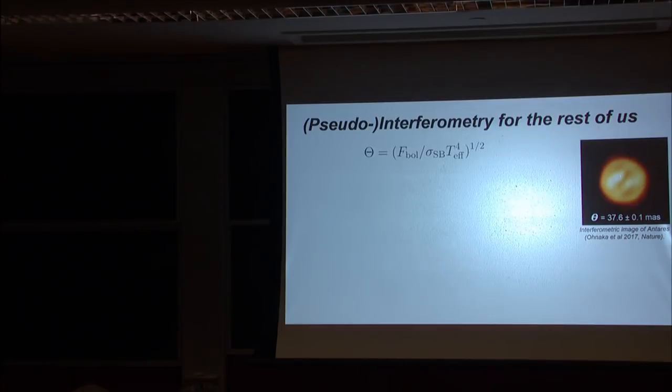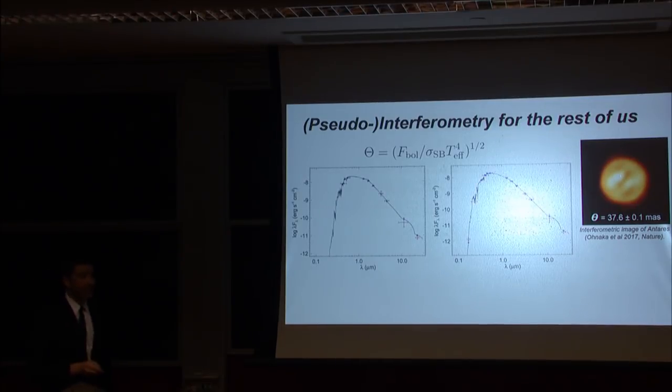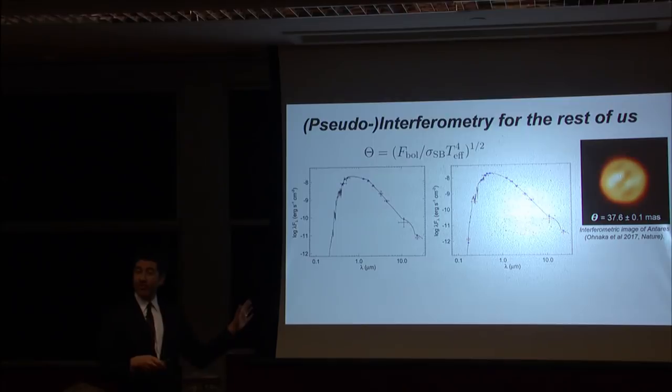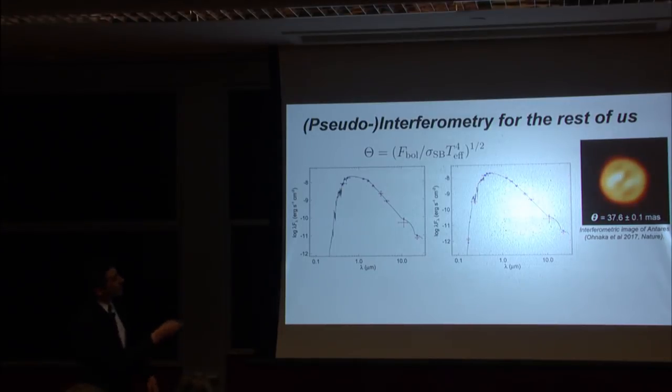So we can measure an angular diameter for a star. I want to be clear, we're not resolving the stars, but this is a measurement of an angular diameter of a star through this empirical bolometric flux method, thanks to all of these catalog fluxes, GALEX, the whole thing. Bolometric flux, if you have a spectrum and you have a good temperature.